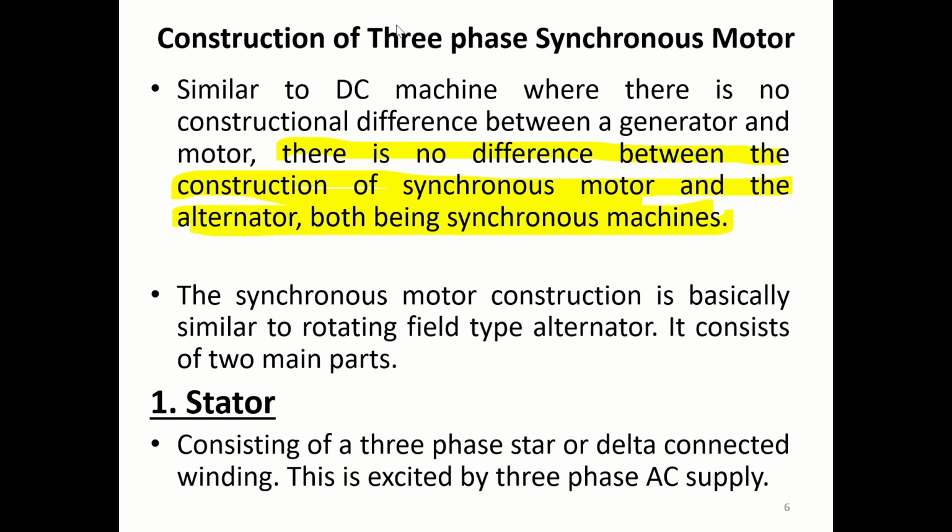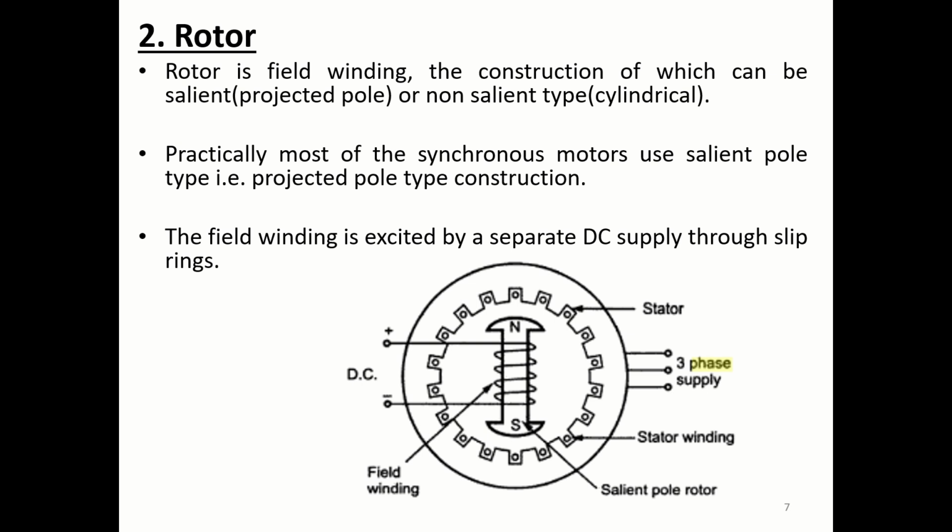Because the construction is the same, but the operation differs. A synchronous machine consists of a stator and a rotor. The stator consists of the armature winding, three-phase windings which may be connected in star or delta. When we supply AC current, it produces a rotating magnetic field, where the RMF rotates at synchronous speed.